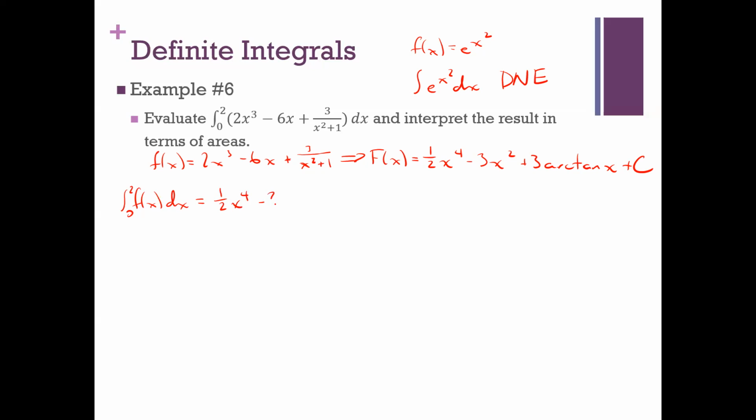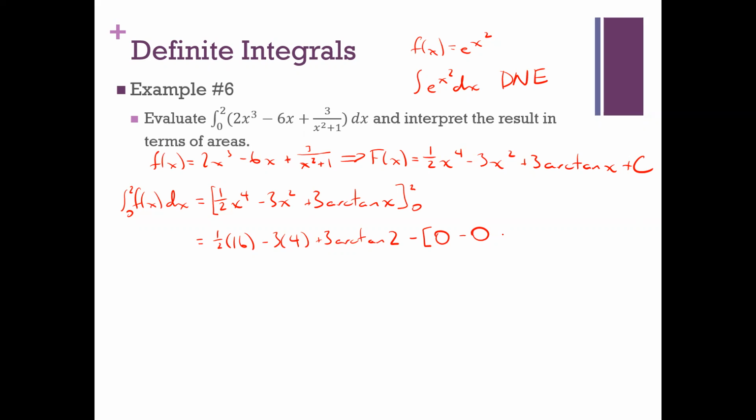I don't think I gave a name for its format, but okay, here's the antiderivative, which I know I need. Well, what specifically am I going to do with it? Right, so I'm going to evaluate it at both endpoints. So I'm going to get 1/2 of 16 minus 3 times 4 plus 3 times the arctangent of 2, minus 0 minus 0.